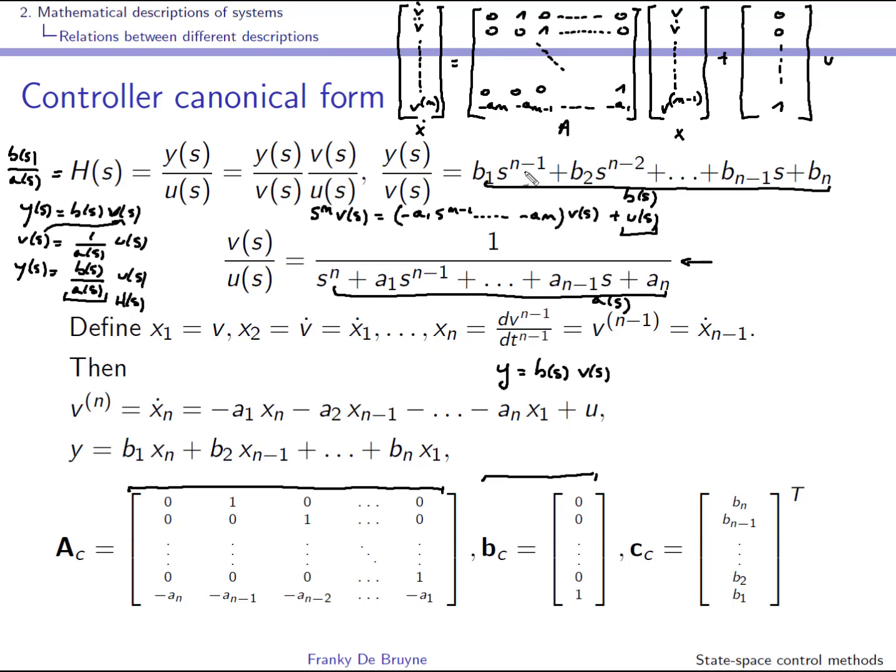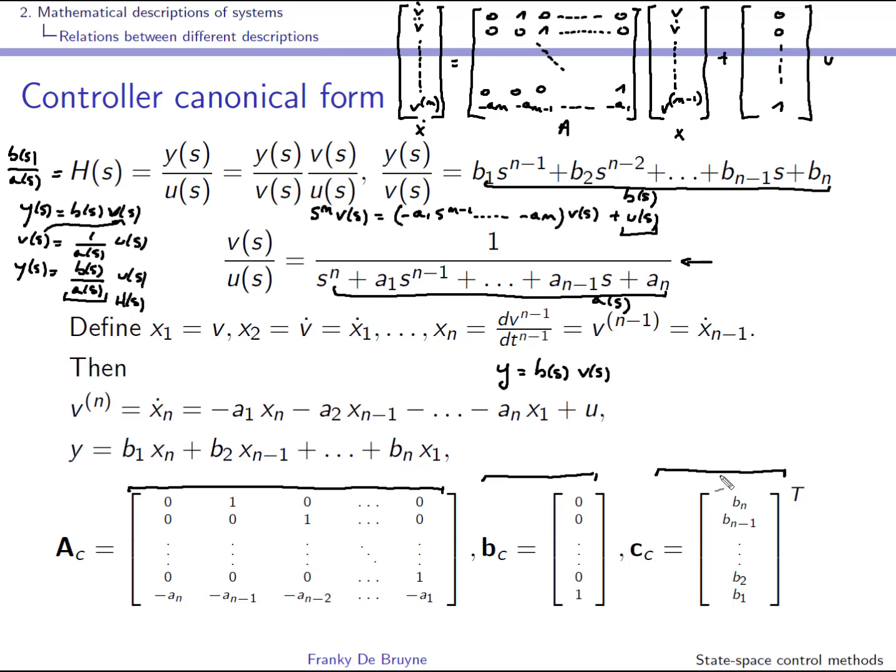Okay, so my c, here it's transposed, will have to select b1 times the n minus 1 derivative. And of course, then you go on the other side. I have b2 times the n minus 2 derivative, and up to bn times v, and v is the first state, so this is why you've got it over here, right? So this is indeed my c.